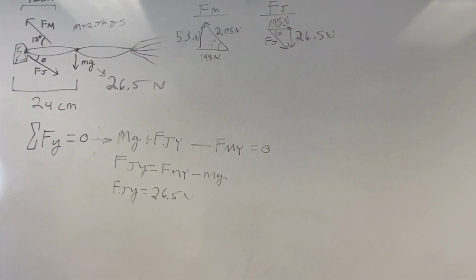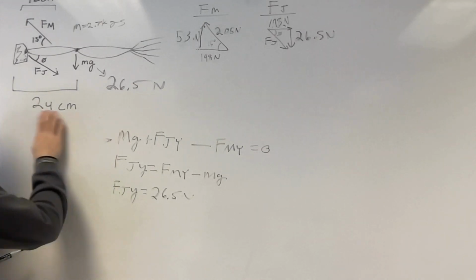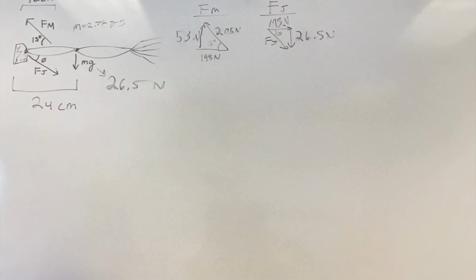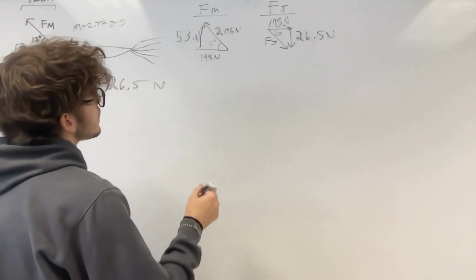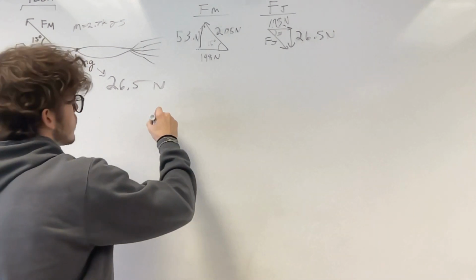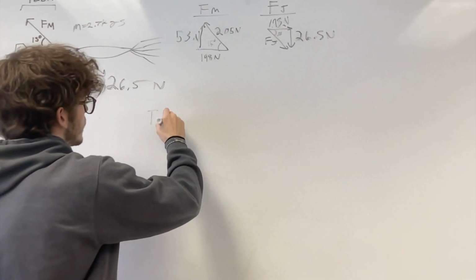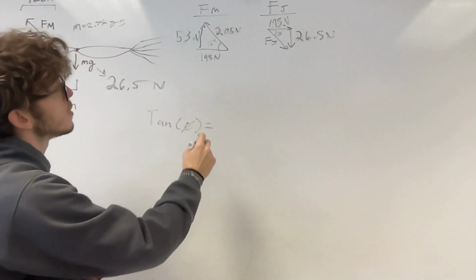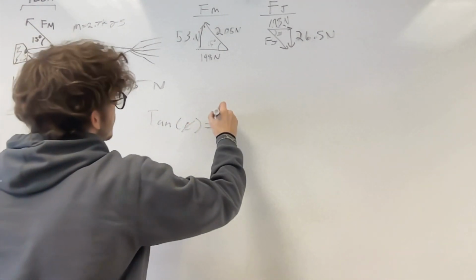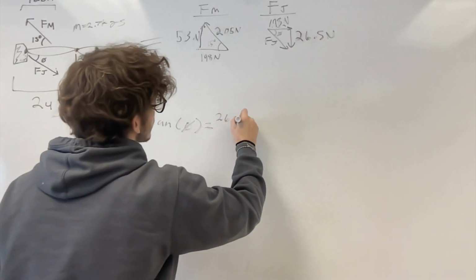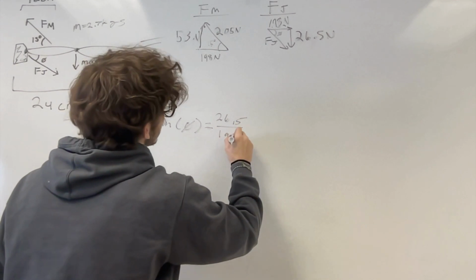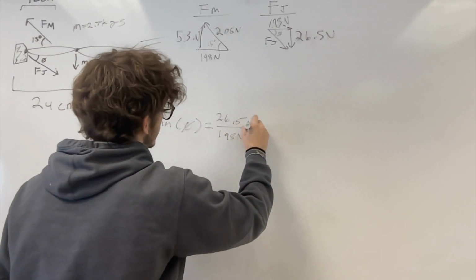Fj. Now you just have to do some basic trigonometry for Fj. And when you do the math there, let's see. So we can actually find the angle. So we know tangent of theta is equal to opposite over adjacent. So 26.5 over 198, I think we said, respectively.